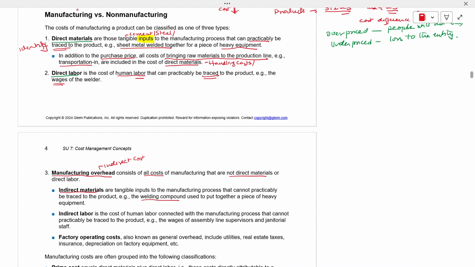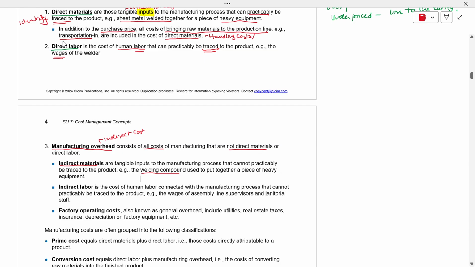You are purchasing water, but you are using the water for different purposes, different products, different manufacturing processes. Then it is called an indirect material.